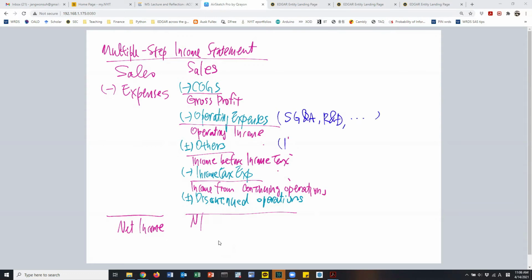Others: interest expense or revenue are included in the others, or gains, one-time gains or losses are included in others. Income tax expense, right? The others, you have a pretty good idea about them.